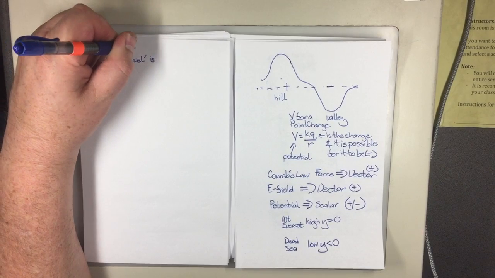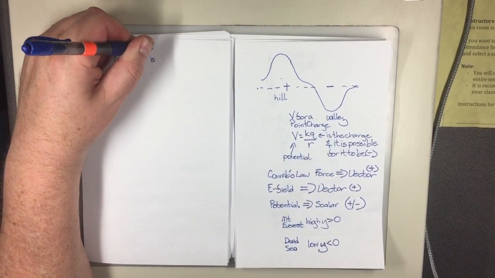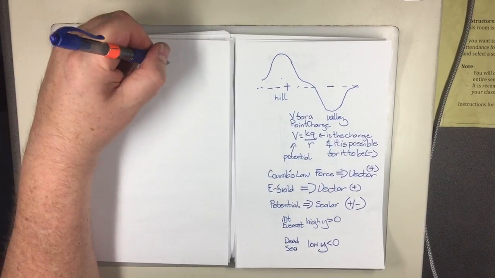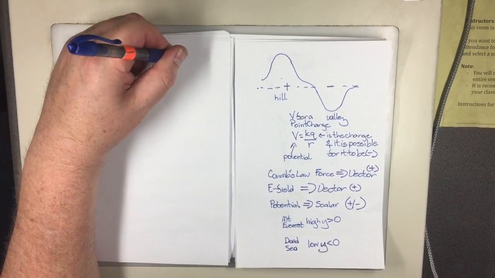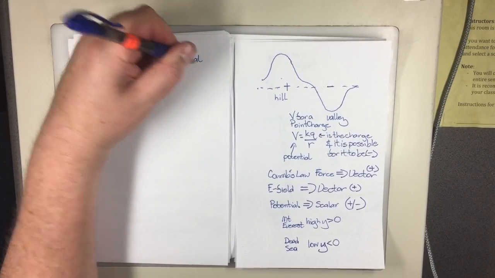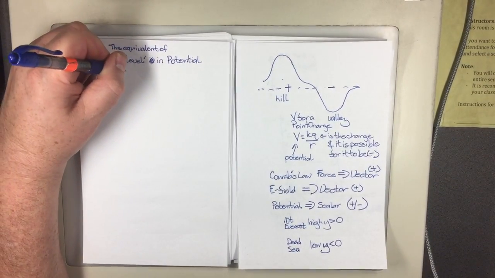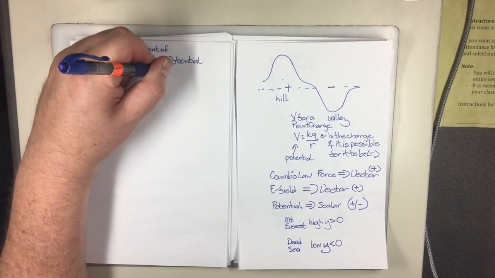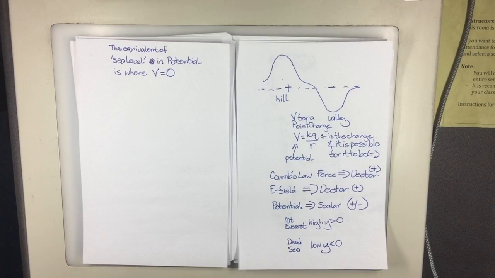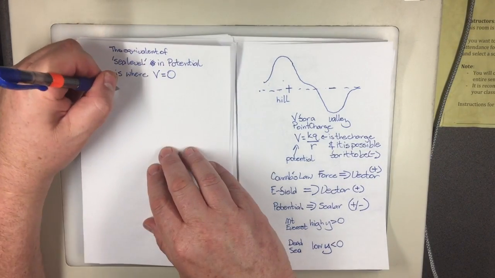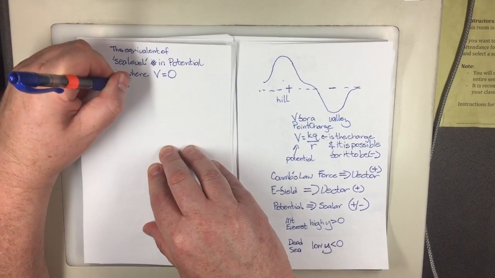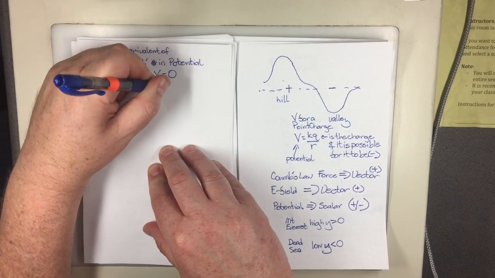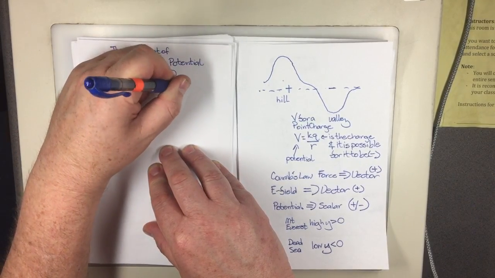The equivalent of sea level in potential is where V is equal to 0. It is a reference point.